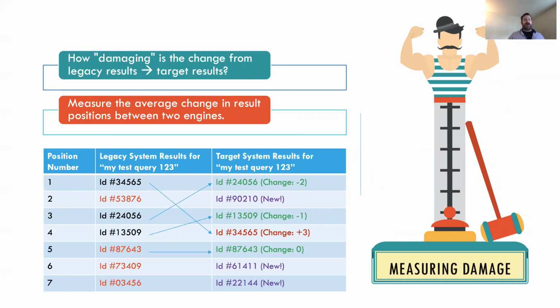So that's fine. But sometimes the document in the 2nd position, 53876, is gone, and people really wanted that document because they would click on it and download it for that query. So now you have to tune and fix that missing document. And you have to do this for a lot of queries.